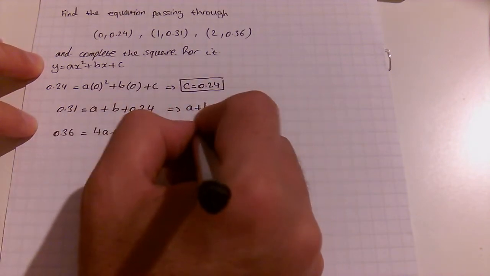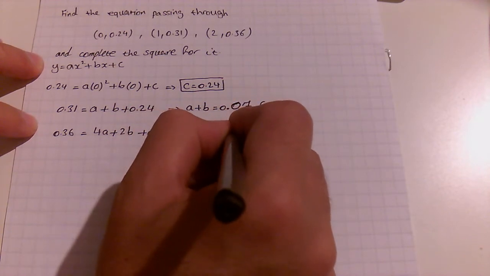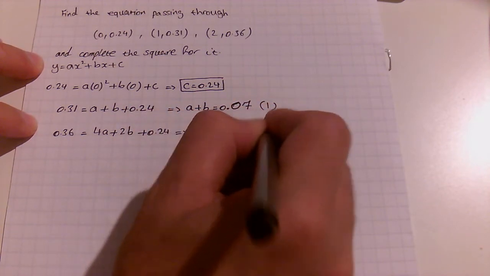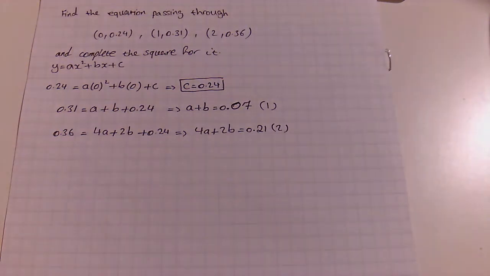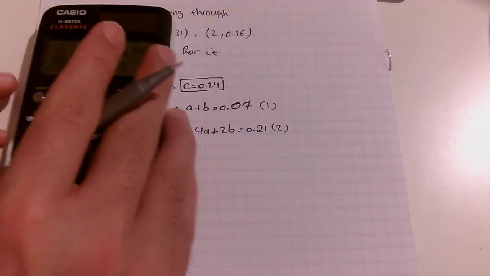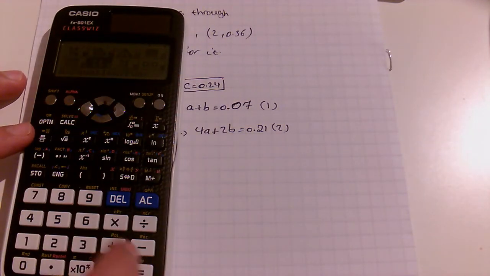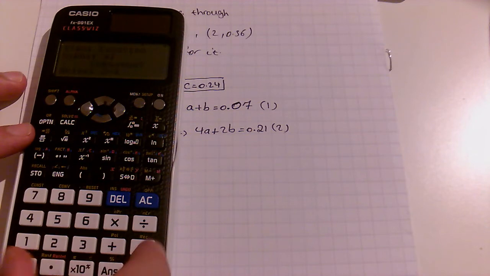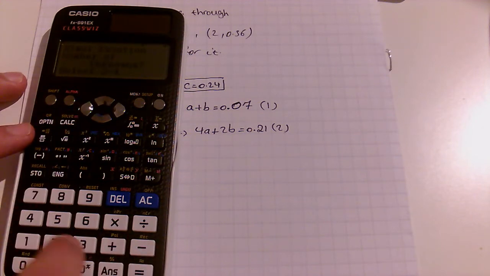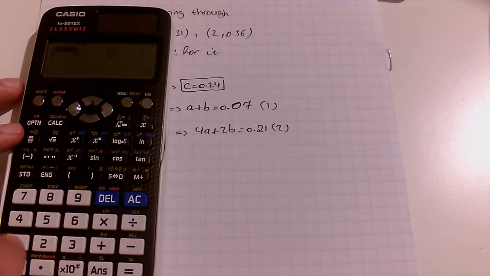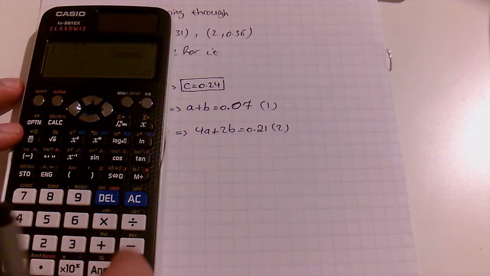So far, we've got ax squared plus bx plus 0.24. Let's sub the next two coordinates to find the values of a and b. When y is 0.31, then x is 1. a times 1 squared is a, b times 1 is b, plus 0.24.